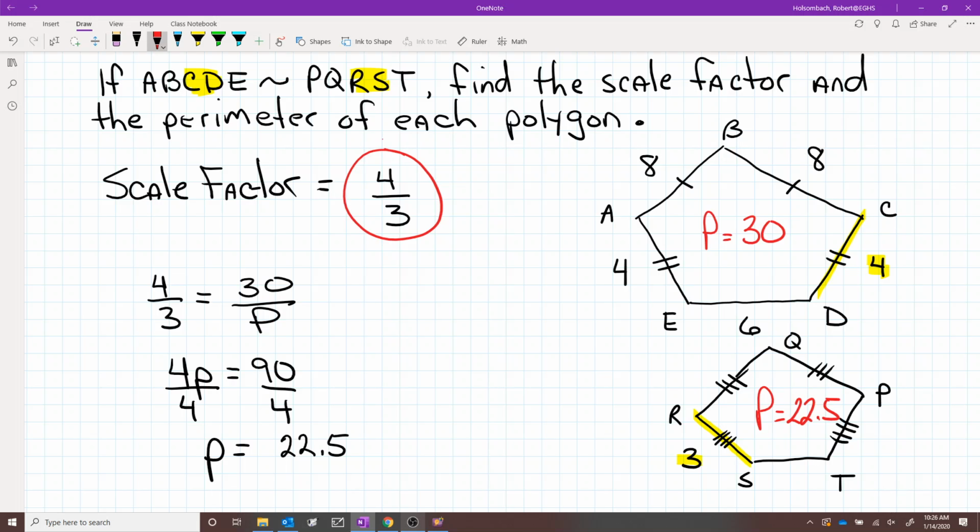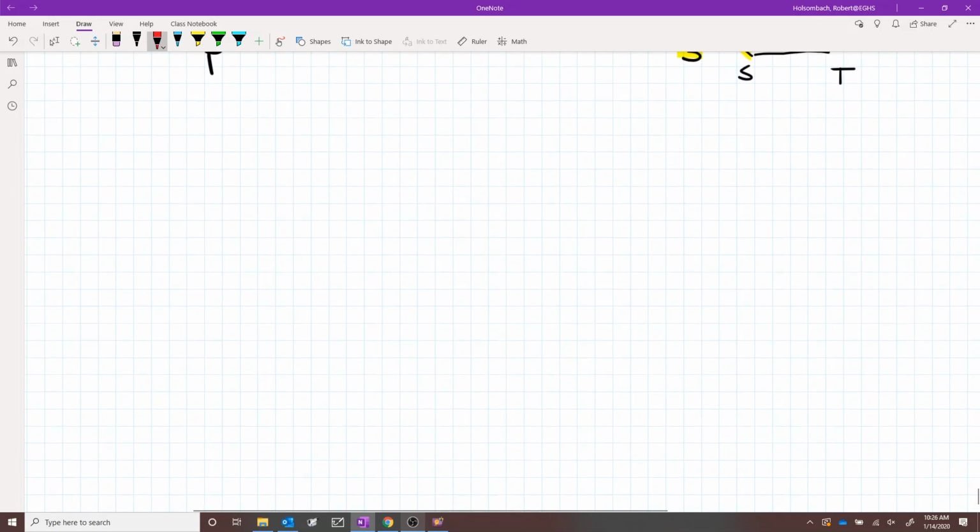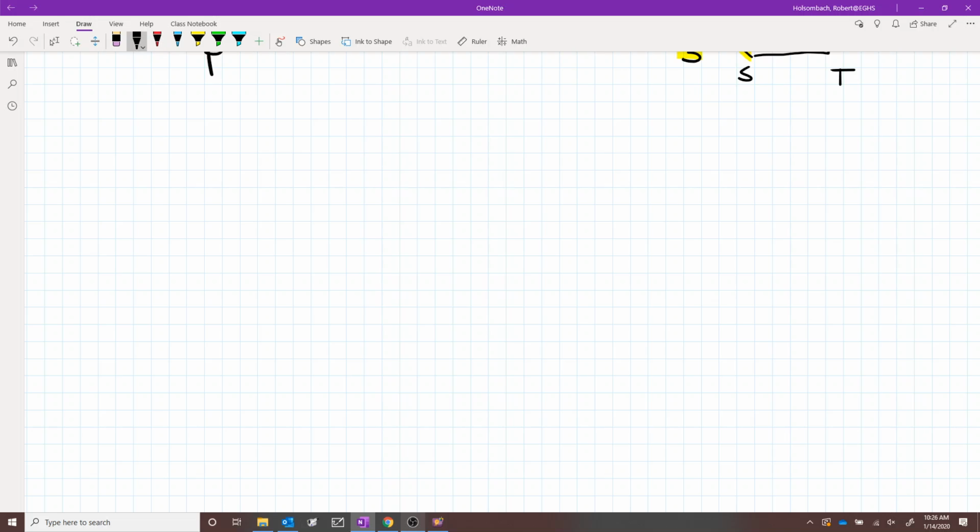All right, let's do guided practice 4 right below that. The question there is if MNPQ is similar to XYZW, find the scale factor and perimeter.